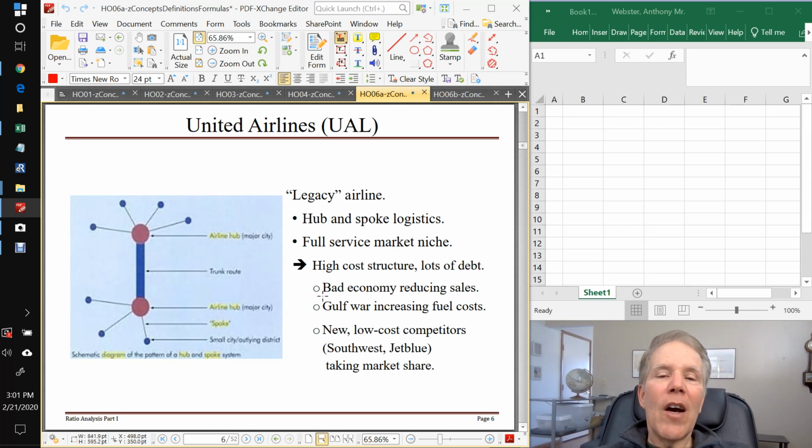And it had a very high cost structure because it owned a lot of different planes, meant a lot of different mechanical inventory to keep. The mechanics need to know how to fix all these planes. The pilots need to know how to fly them. The crews need to know how to handle them. All that stuff. And clearly, the bad economy and the Gulf War were causing problems. And from a marketing perspective, they were full service. They still are: first class, business class, economy class.